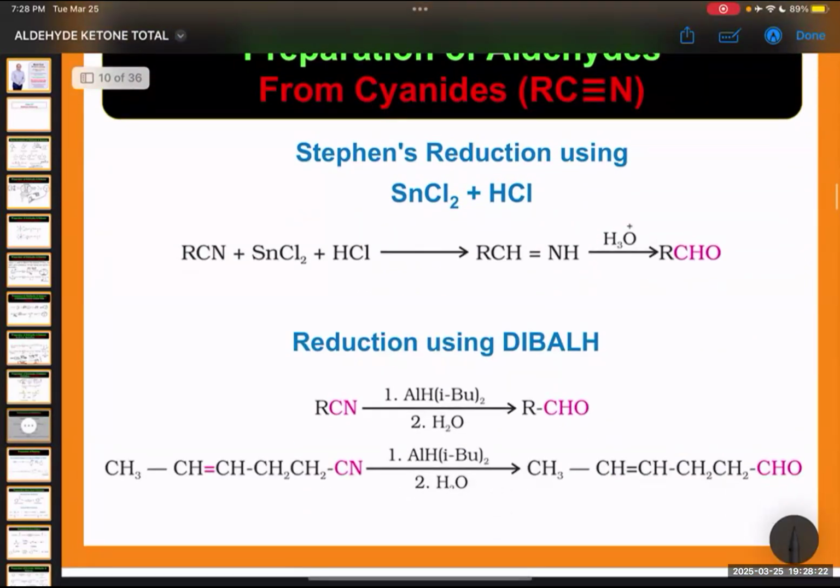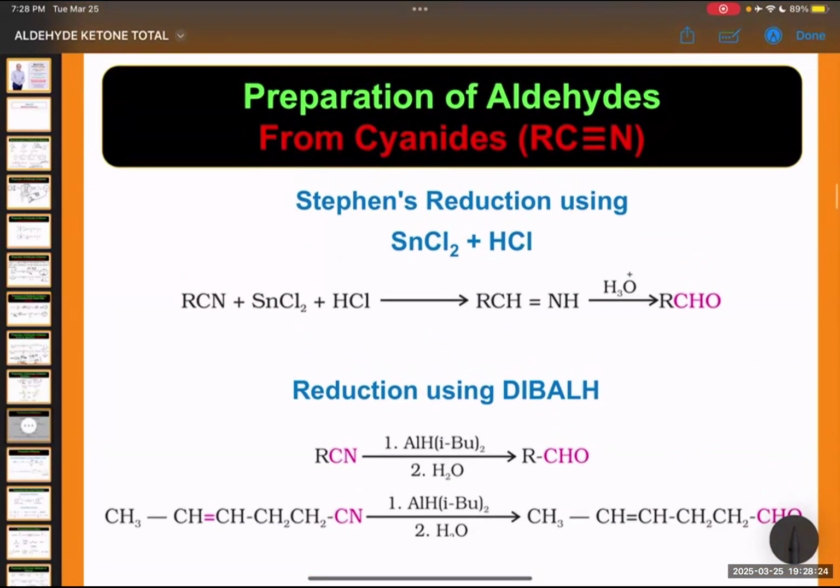Next is preparation of aldehydes and ketones from nitriles. So how can you prepare aldehyde and ketone from nitrile? So if I want to get an aldehyde, this is your RCN. And if you want to get an aldehyde, look what is being done.